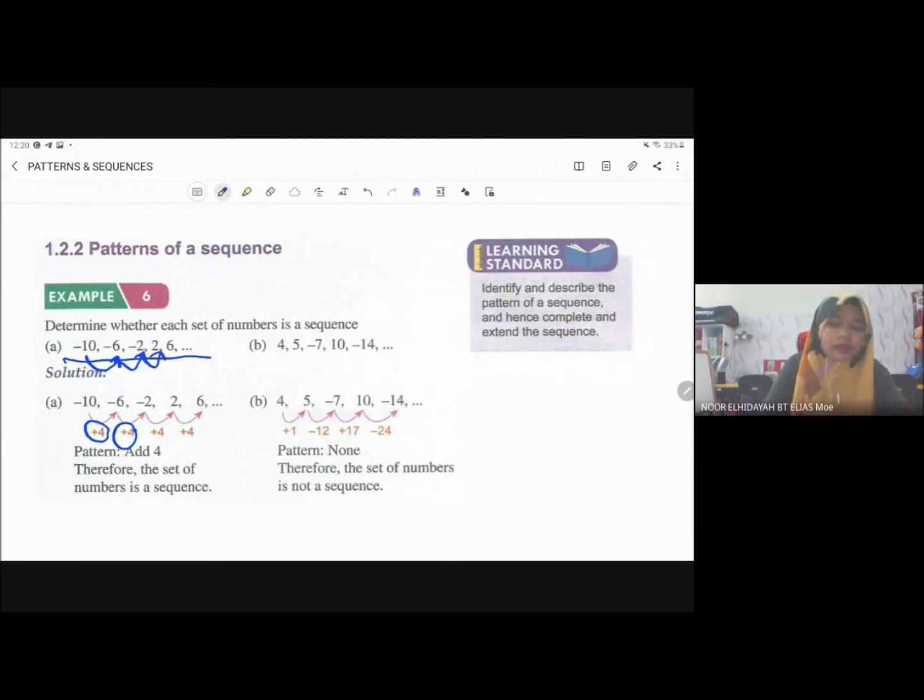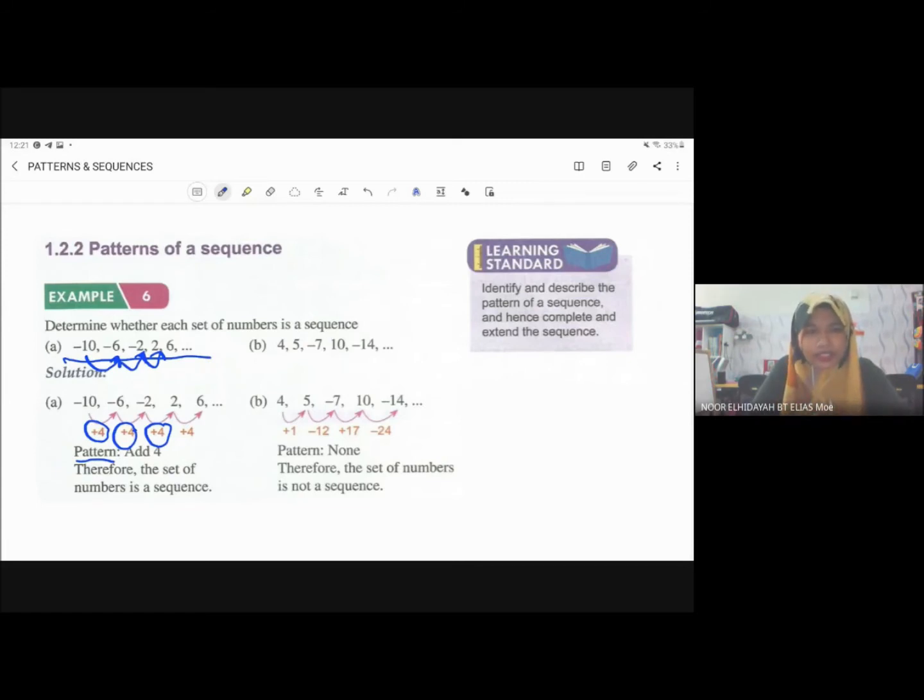Masih lagi adding 4. So dia fulfill a certain condition, dia nampak pattern yang sama. So bila nak tahu sama ada is it a number sequence or not, you have to determine its pattern. The pattern is add 4 to the previous number. Therefore the set of number is a sequence.